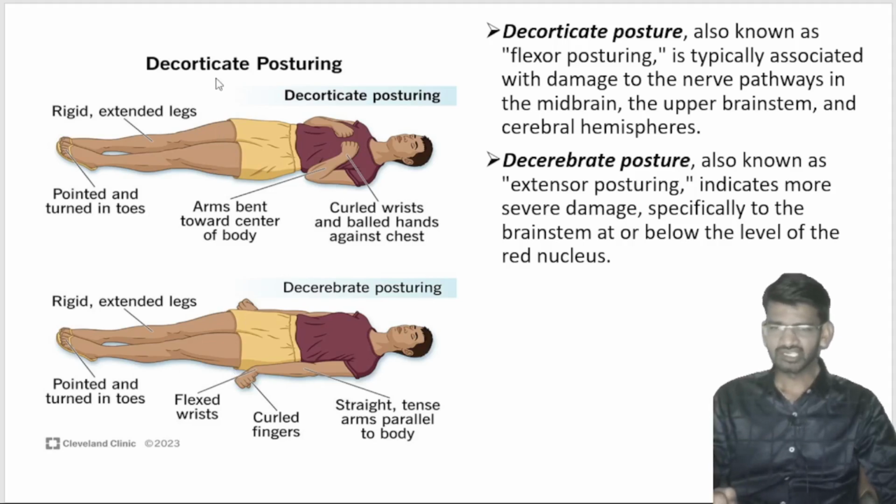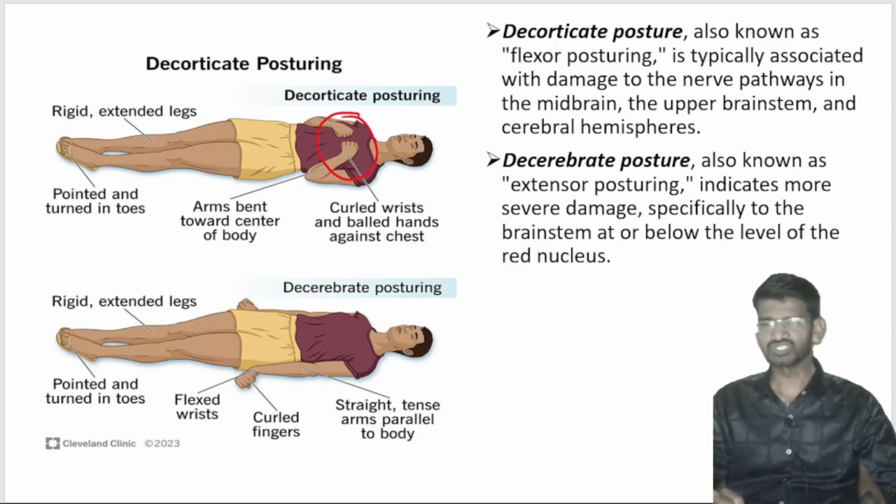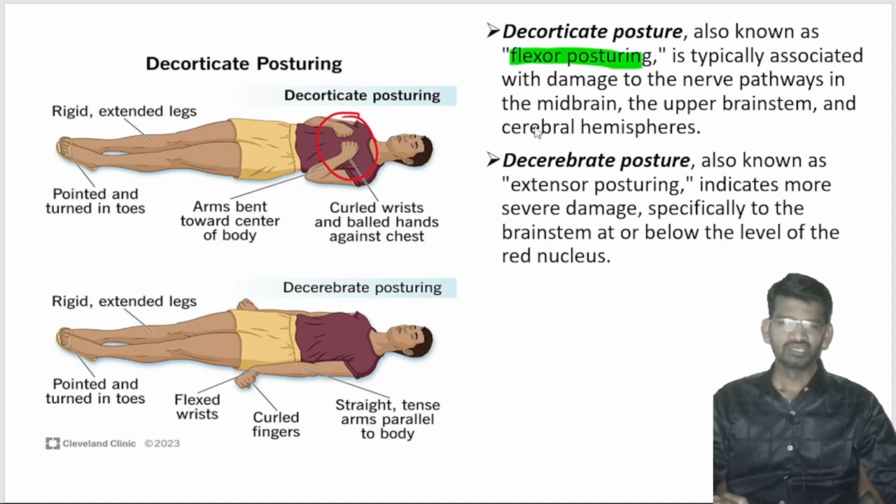In the decorticate, see here the hands, they are being brought onto the chest and they are being extremely flexed, okay. It is called a flexor position. So there it indicates the damage to the cerebral hemispheres or the cortex, then that is the upper part of the brain stem.